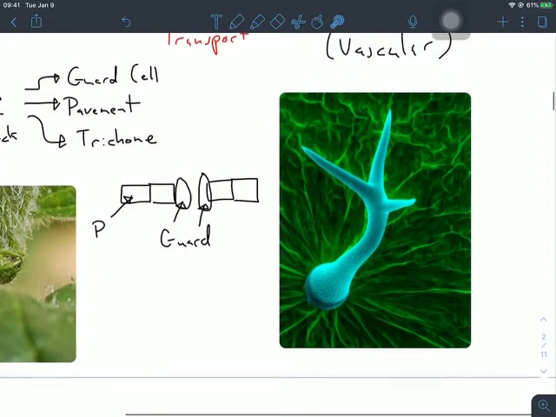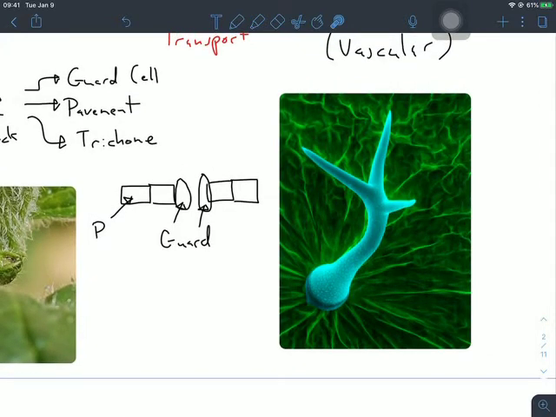And here you have a scanning electron micrograph, or a very specialized microscope that allows us to see the surface structure of things on a very minute level, and the trichome of a plant called Arabidopsis thaliana.